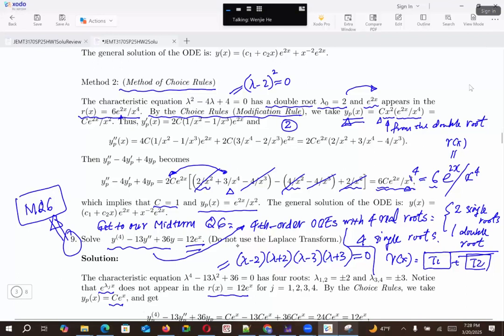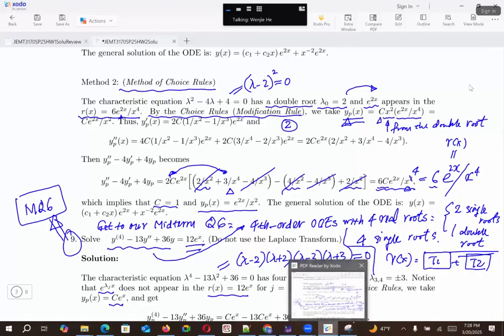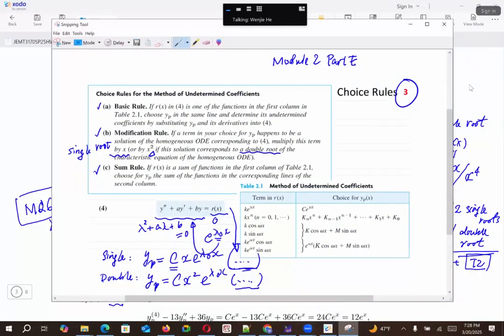Because there are two terms, you need to apply, let me show you this choice rule, number C, sum rules. Sum of functions. So you look at each term. You have a specific form representation, but you have two terms, so you write out the desired forms for each term, then you add them up.